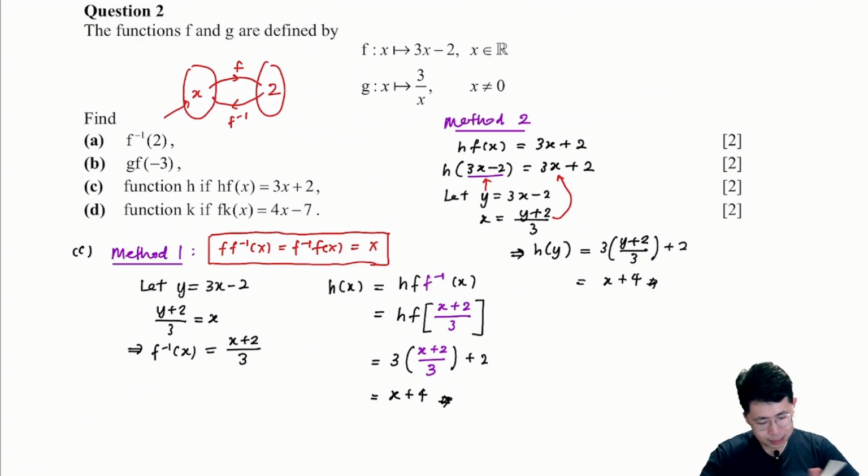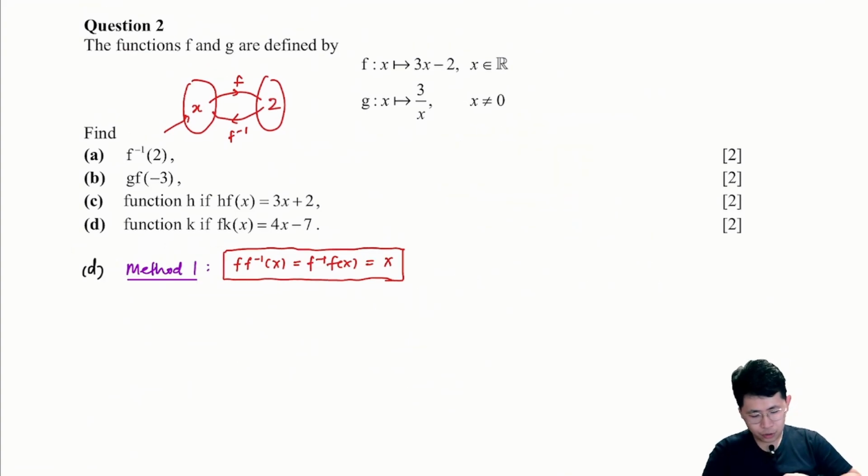Once again, method 2 is very similar to method 1 in terms of the mechanism. It's just that the presentation is a little bit different. But method 1 is a bit safer because we are making use of this property where f and f inverse cancel each other out. So this is how we find h of x from hf of x.